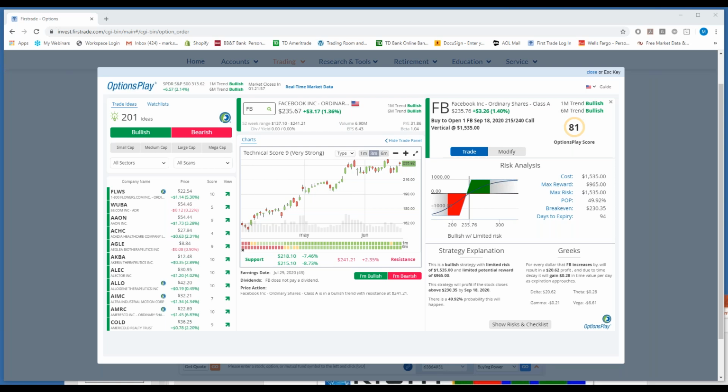So you're going to get a big bang for your buck if this underlying stock moves in your direction. All you're doing by switching around the configuration is simply switching around how much you have to put up for the position, so how much you're risking, and what your potential reward is.